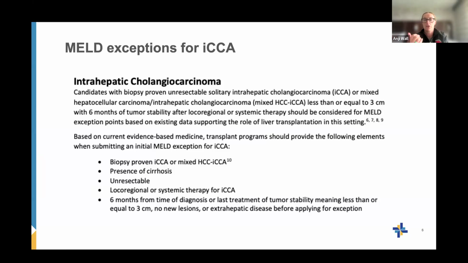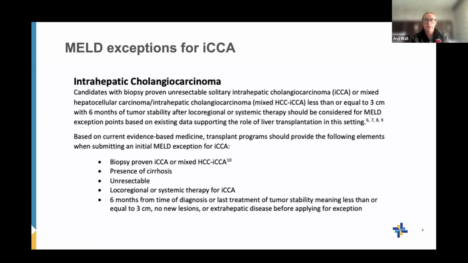We've already talked about these criteria: presence of cirrhosis, unresectable, local, regional, or systemic therapy has been done, biopsy proven, and then 6 months from the time of diagnosis or last treatment of tumor stability. So it is not guaranteed that your patients with intrahepatic cholangiocarcinoma will get MELD exception points.